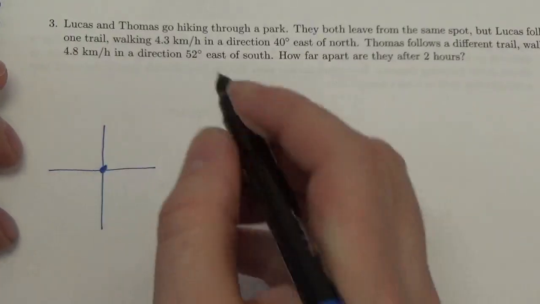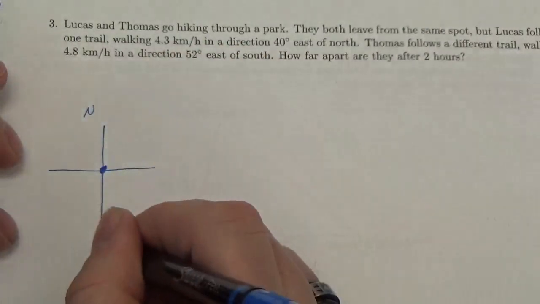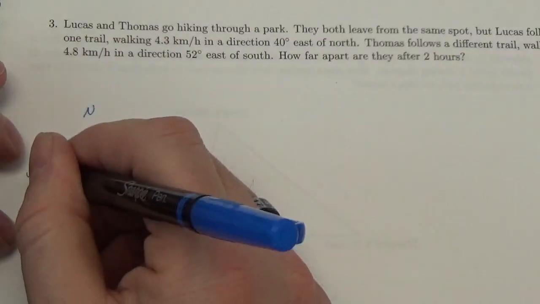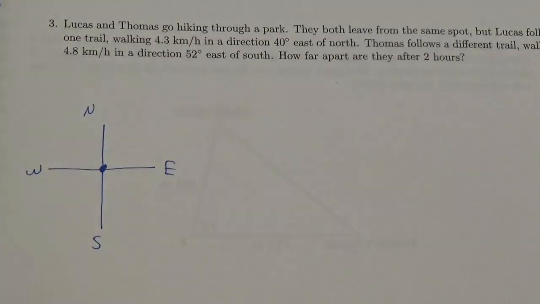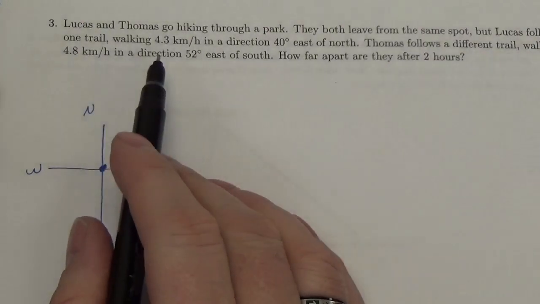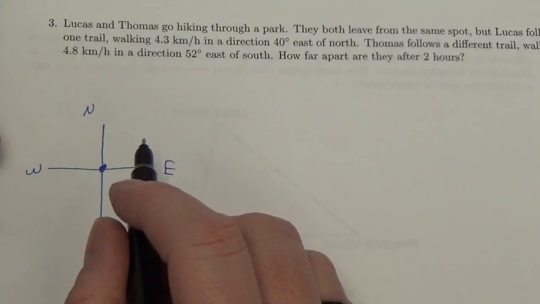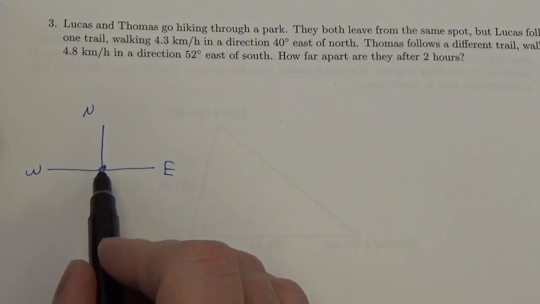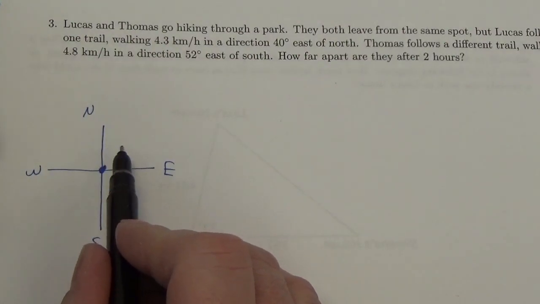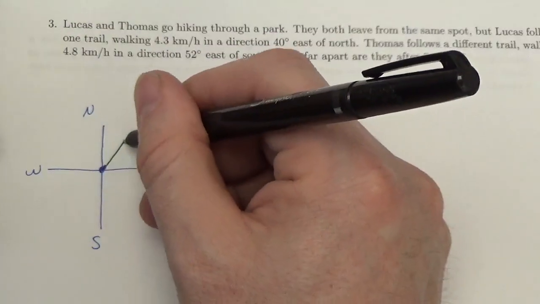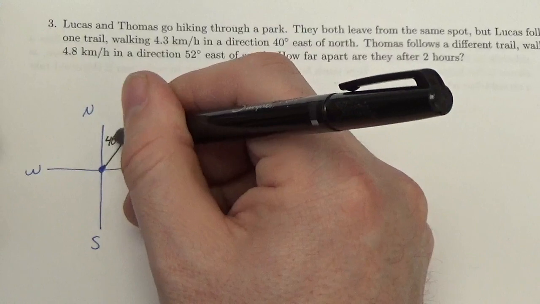Okay, and so here's my north, south, east, west. And I'll use different colors for these guys here. What we just heard is that Lucas follows one trail, walking 4.3 kilometers an hour, 40 degrees east of north. So 40 degrees east of north means if I point north, I'm going to rotate 40 degrees towards the east. So this is going to be 40 degrees right there.